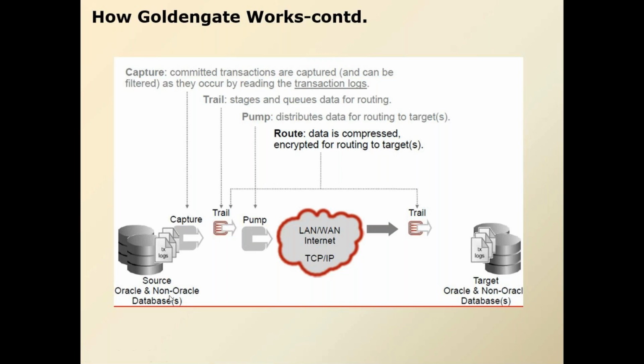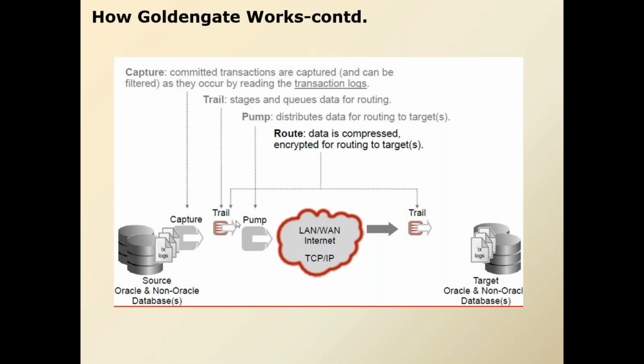Now, once the data becomes available into the local trail file, the GoldenGate data pump process reads the data from the local trail, sends it over the TCP/IP network, and writes it to a trail file on the target machine. These trail files, because they are on a machine remote to the source database, are called remote trail files.